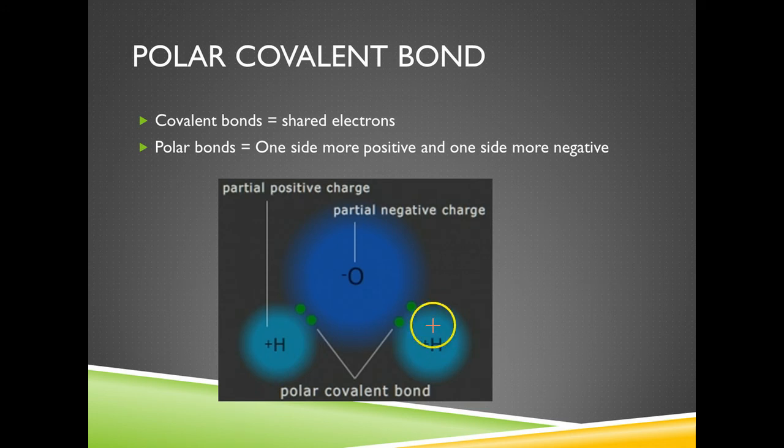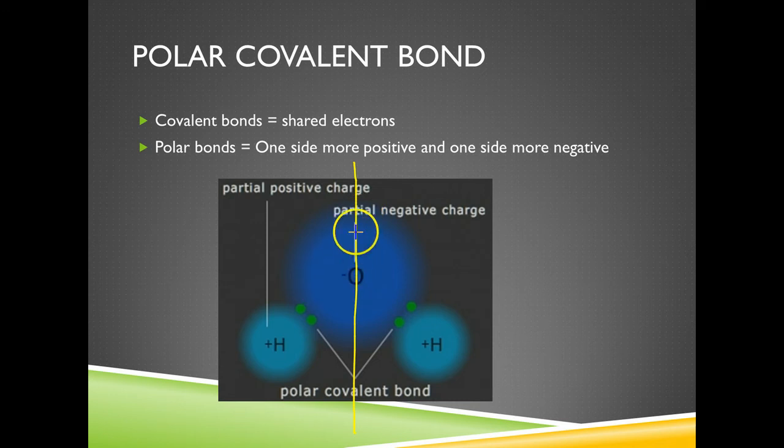What that's going to do is create almost like a pole, kind of like a magnet. If you envision each water molecule as a mini magnet, that's in a sense what's going on. In fact, that's where we get our name polar bonds, the fact that it's kind of like north and south pole as far as the difference of charges.